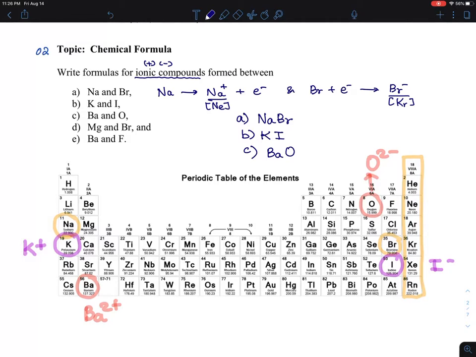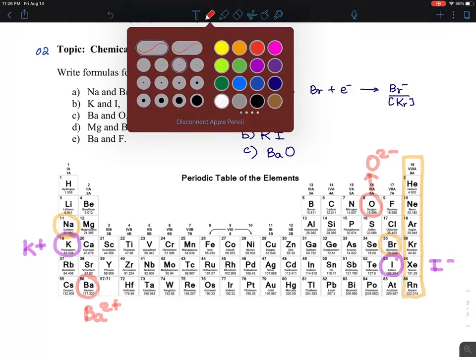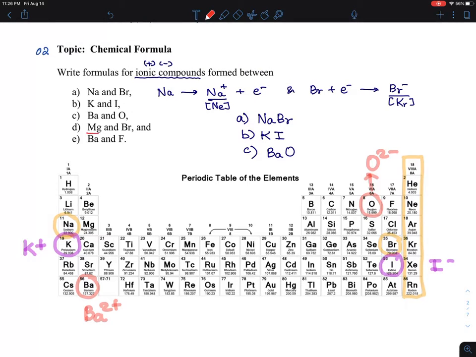Okay, so let's look at number 4, which is a different case. Let's look at the case of magnesium. Magnesium is shown up here. We know magnesium wants to become magnesium 2 plus. So if I write the equation just like before, Mg becomes Mg 2 plus, and 2 electrons come out.